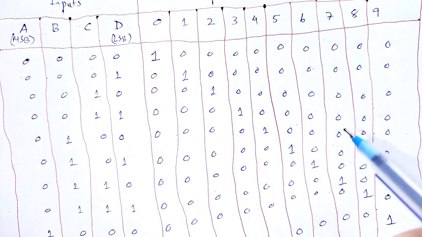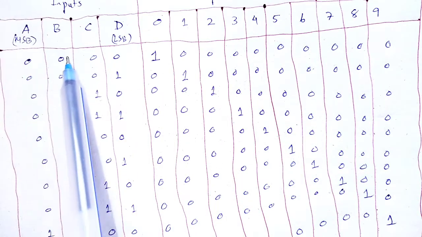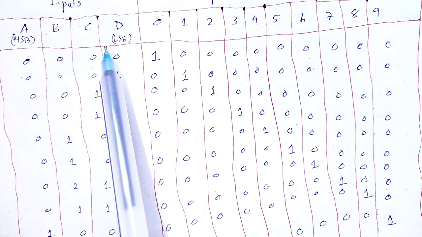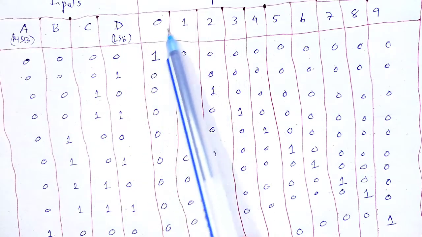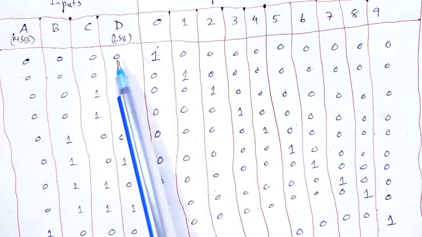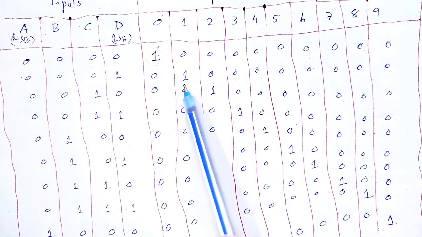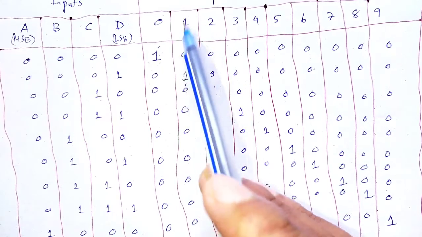From that truth table we conclude that for the BCD code 0000, the output is high for 0, and for the BCD code 0001, the output is high for 1.